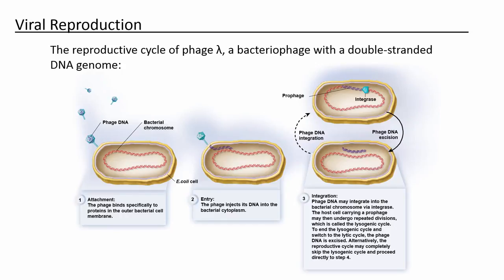For phage lambda, it's going to inject its DNA into the cytoplasm of the cell. The capsid is not actually going to enter the cell. The virus just injects the genome into the cell.